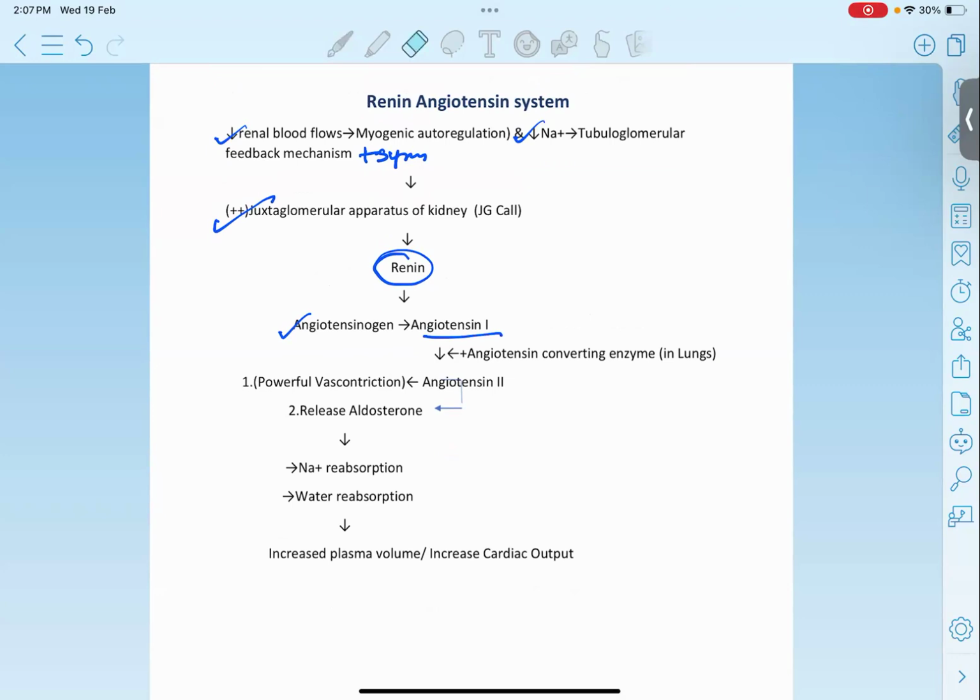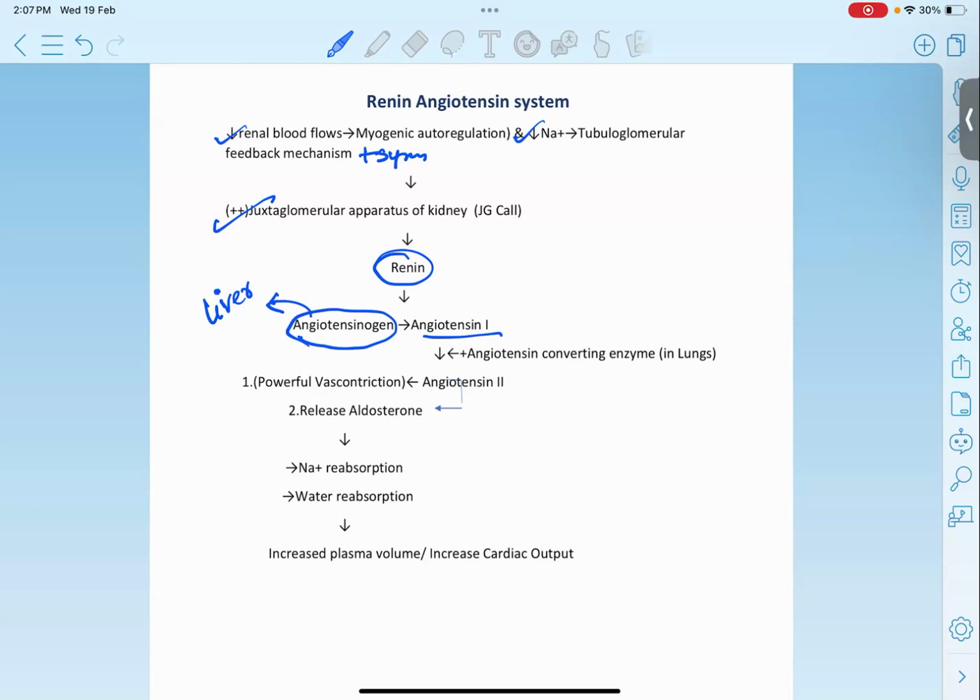The only thing you need to know about angiotensinogen is that it is produced in the liver and it circulates in the blood. It is a hormone, and it is an inactivated hormone. So the first function of renin is to activate this inactivated angiotensinogen to angiotensin 1.